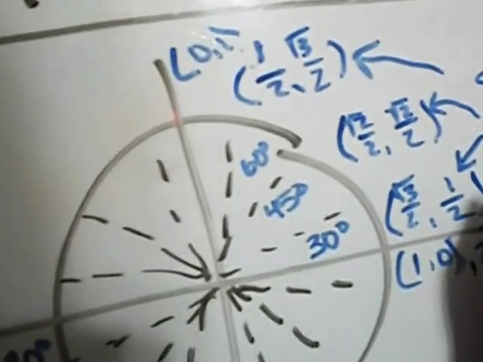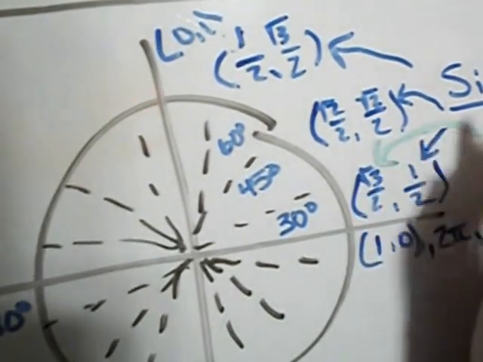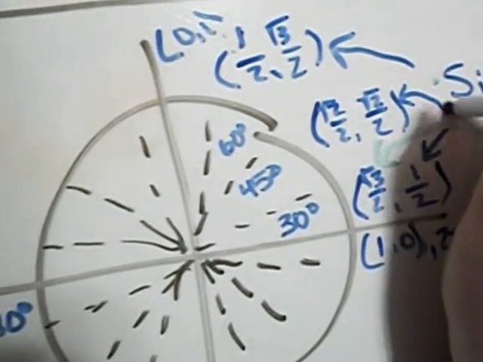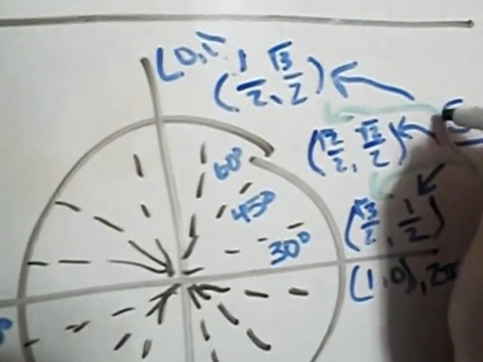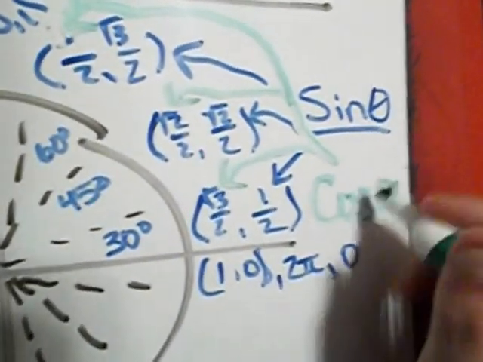Get the green marker here. And then all the x's in my crappy green marker. Oh man, that is crappy green. Are cosine theta. I'm not sure if y'all can really see that, but that says cosine theta.